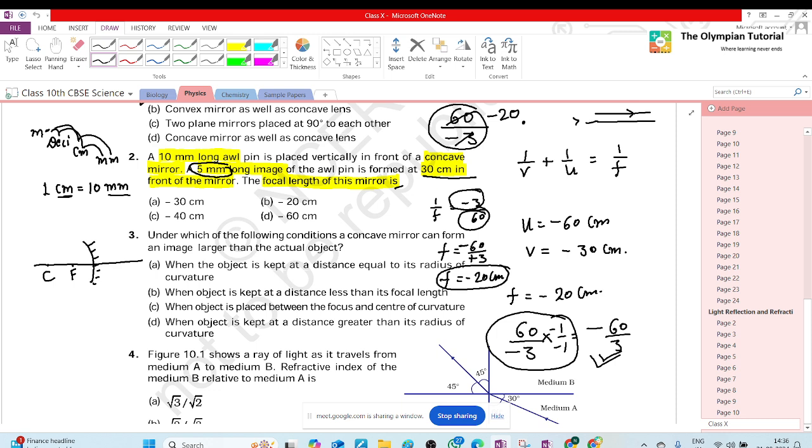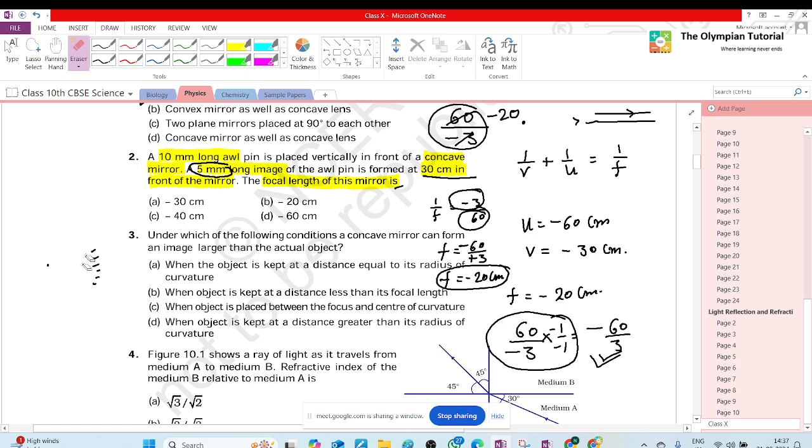If both values are negative, then the final answer will be positive. This is related to integers. So the minus would get cancelled. So here the final answer is minus 20 centimeter. Very good, both of you.